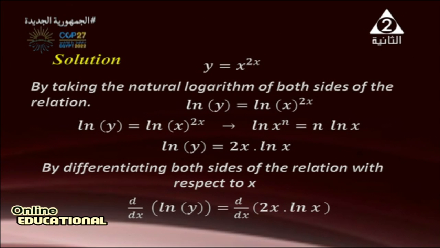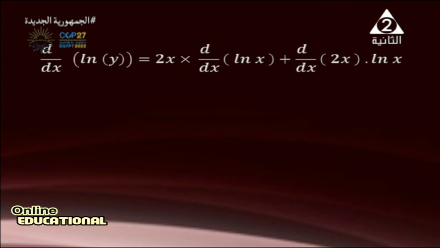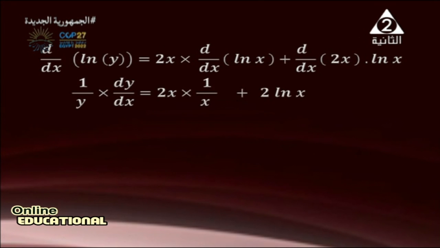Now, the derivative of 2x ln x equals 2x multiply the derivative of ln x by dx plus the derivative of 2x by dx times ln x. Derivative of ln y equals 1 over y dy dx equals 2x times the derivative of ln x, which equals 1 over x, plus 2, which is the derivative of 2x, times ln x.